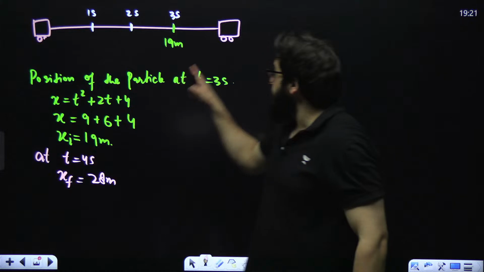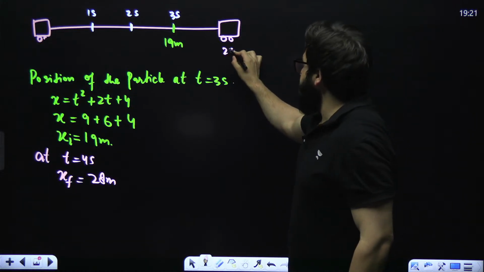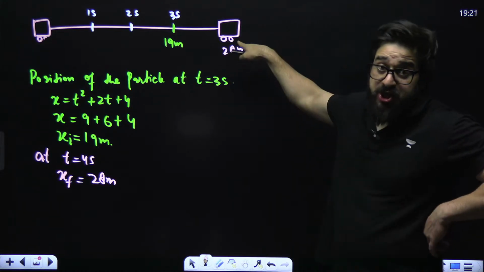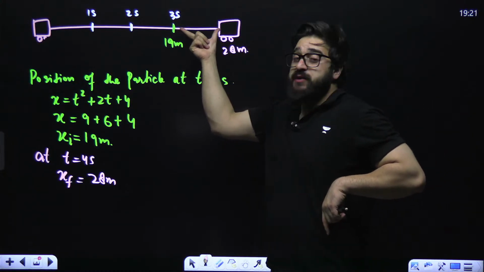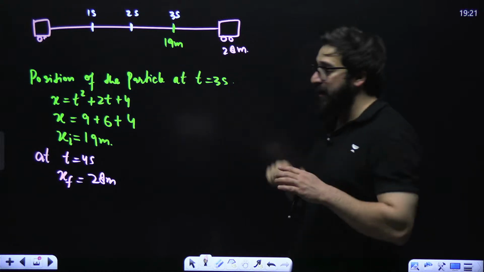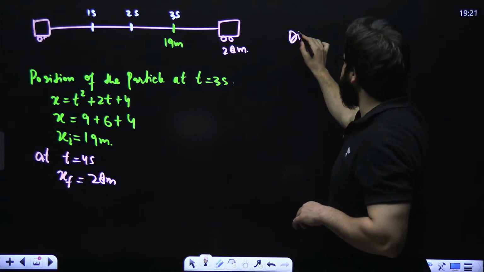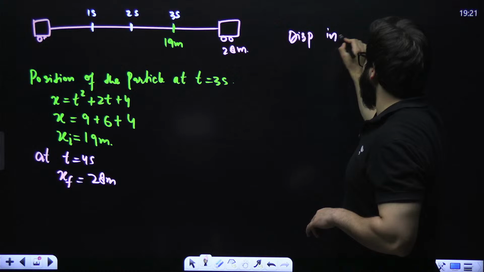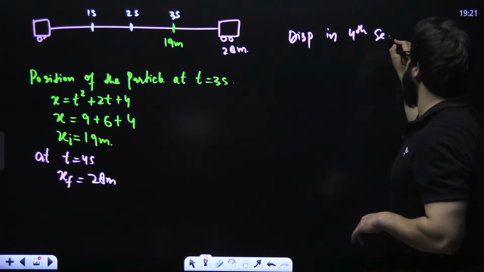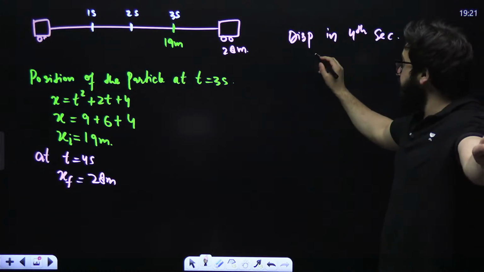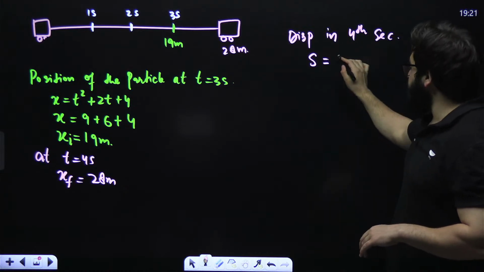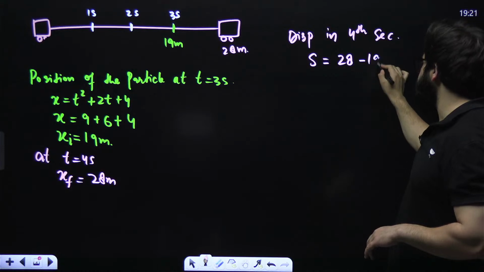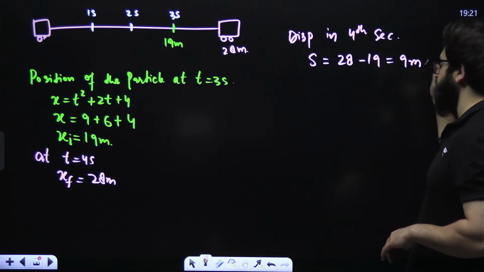This is the position. Now, if you have to find the displacement, what will you do? 28 minus 19. So the displacement in the fourth second will be S equals 28 minus 19, which comes out to be 9 meters.